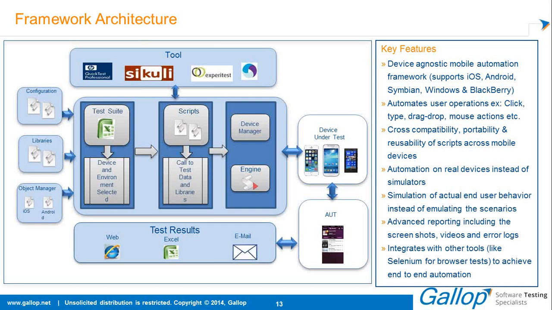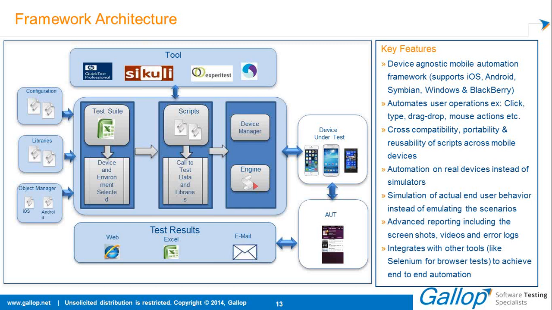Right. So once you are done running your tests on maybe the real devices or the simulators, the framework then captures all the details, the device logs and the device screenshots, and pulls it back into your customized reports, be it in HTML, Excel, or XML, whatever format you want, and then zips it and emails it to you.